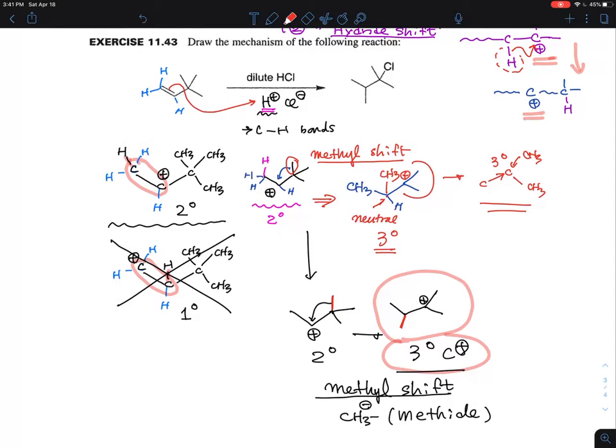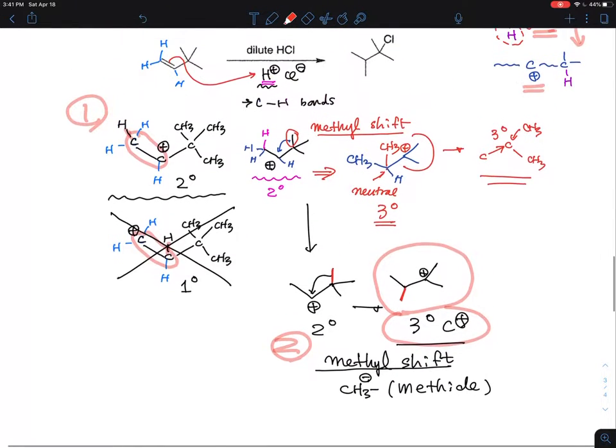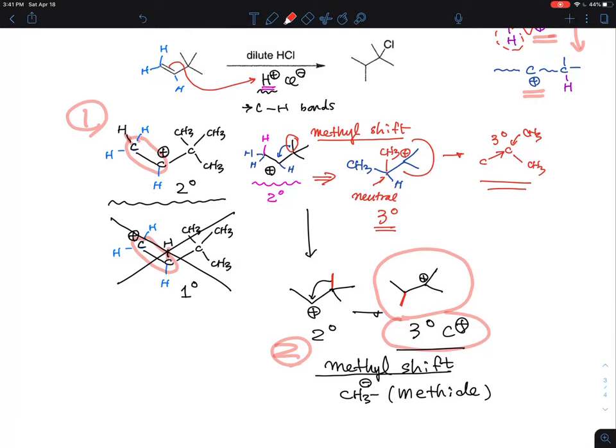So the first step is a protonation. The second step is a methyl shift. And then what do you have now? The third step is pretty simple: you have a chlorine, which is a nucleophile, looking for an electron-rich compound, and then it can form the bonding here.